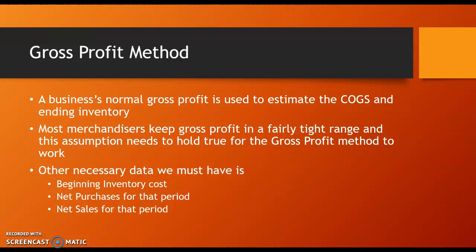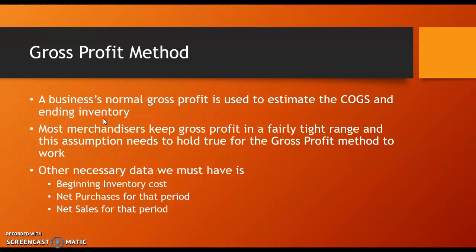Okay, so this slide is going into the gross profit method. Knowing the business's normal gross profit is used to estimate the cost of goods sold and the ending inventory.